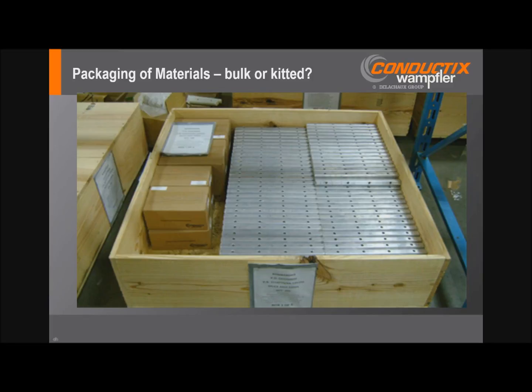So when we handle them in the factory, it's the ideal time, if they need to be organized or sorted or kitted, that's really the best time to do that. The cost to do that is lower in the factory than it is out in the field. So we strongly advise that there be some discussion about how the power rail components are being packaged and kitted and identified.